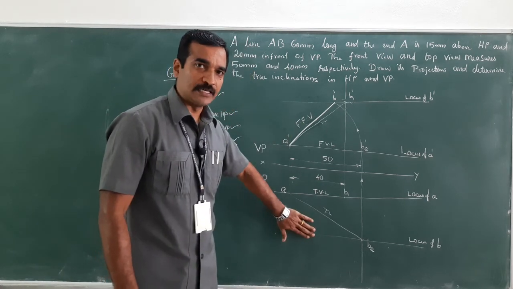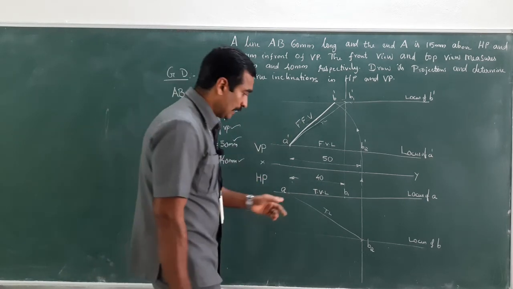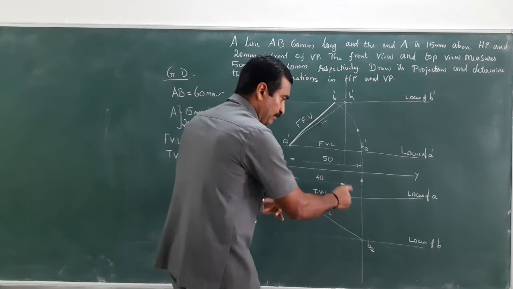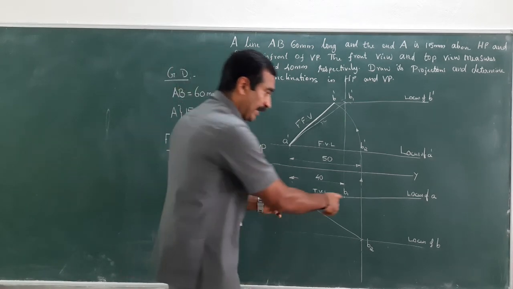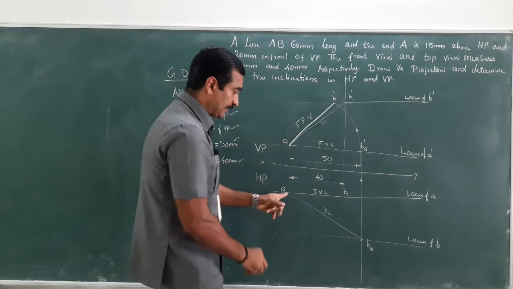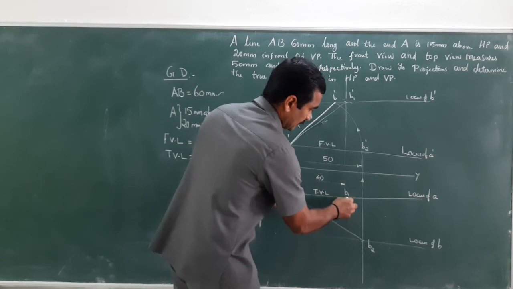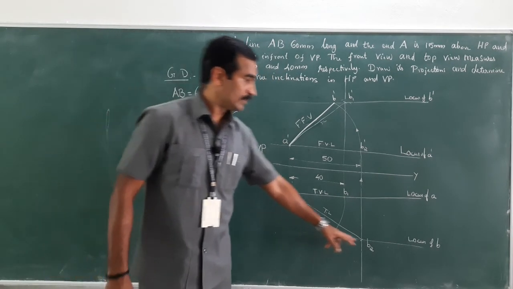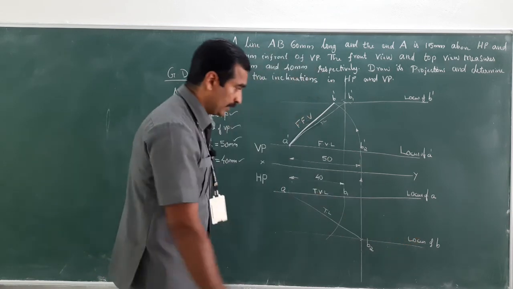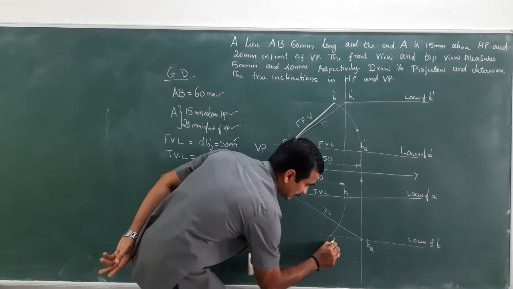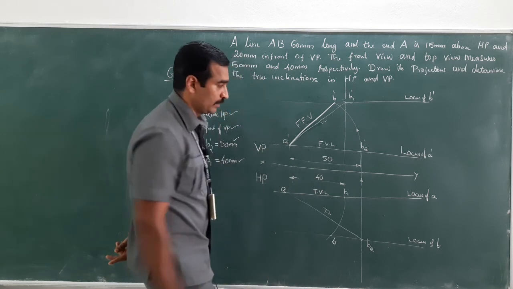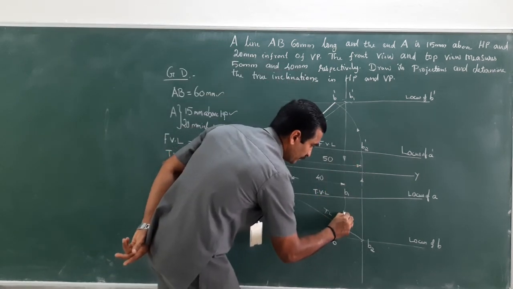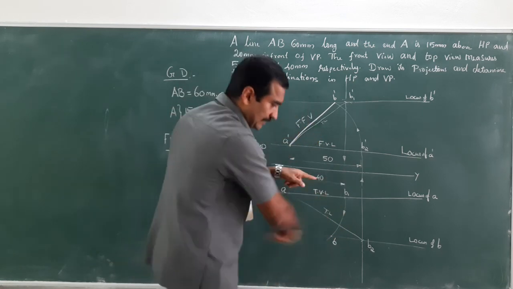Now what is left out? The final top view is left out. For which, measure the distance between A and B1 in your compass, and with A as center, cut an arc till it intersects the locus of B. The intersection point is nothing but B. The flow is downwards because we have rotated in this direction.